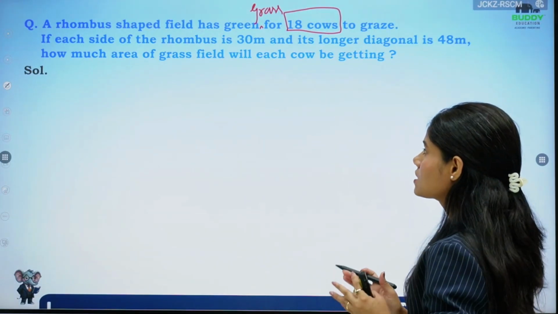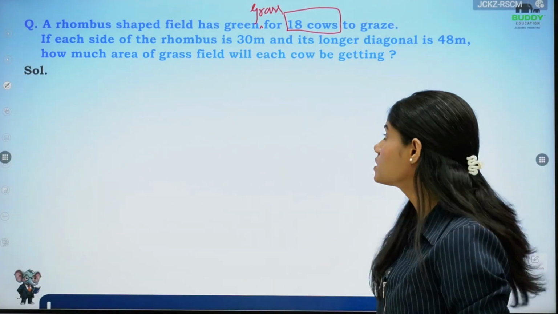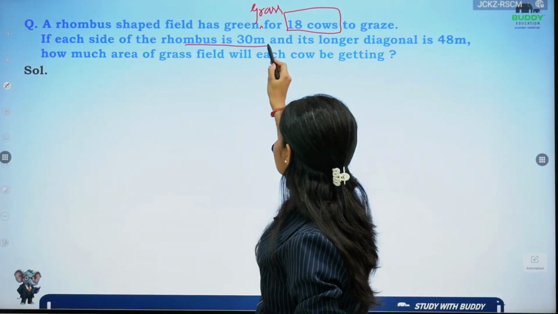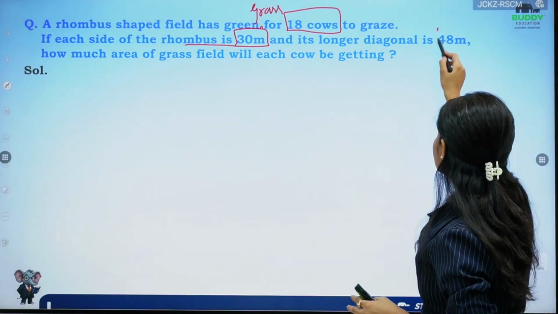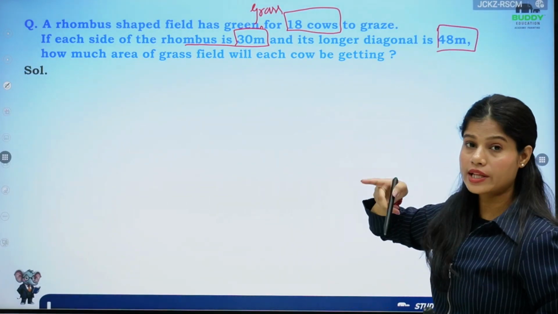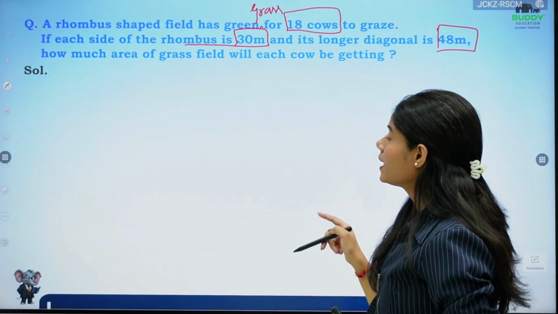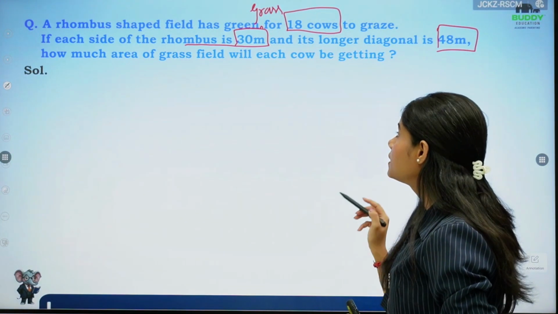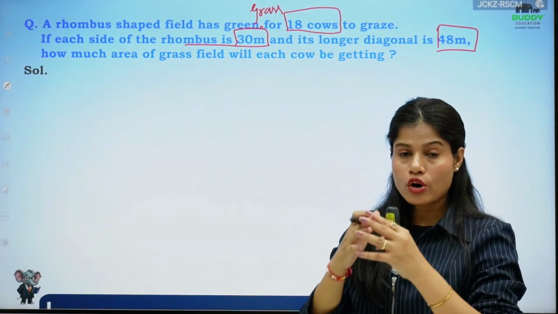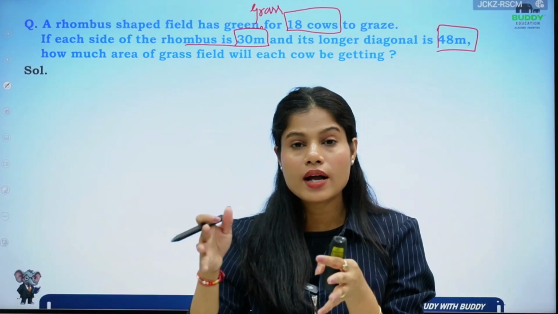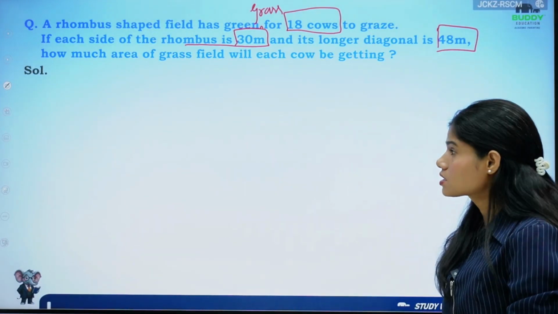If each side of the rhombus is 30 meter, and we know all the sides of a rhombus are equal, and its longer diagonal, we know that the diagonals are not equal, so they have mentioned the longer one is 48 meter. How much area of the grass will be given to each cow? So how much area is every cow going to get for grazing? This is a good question.